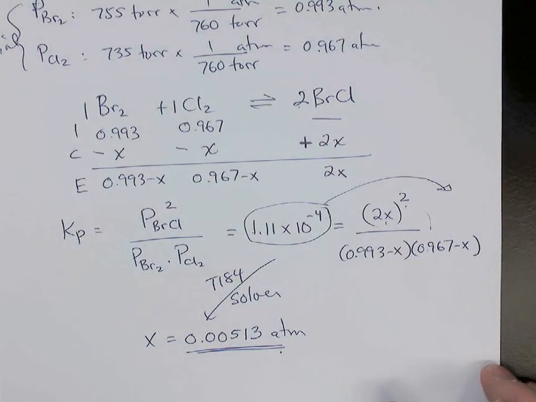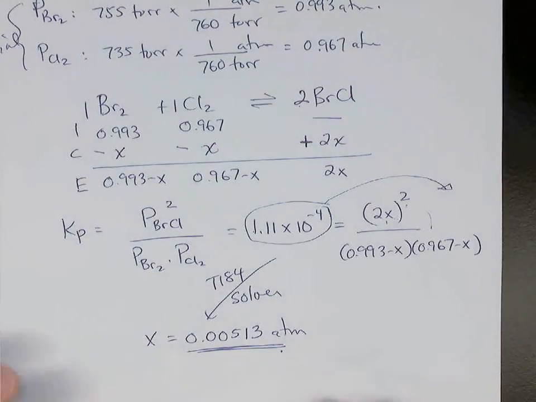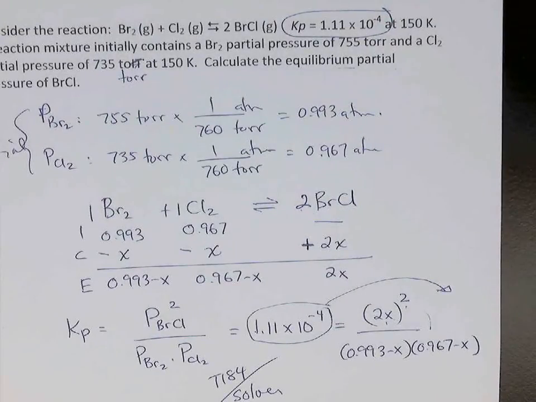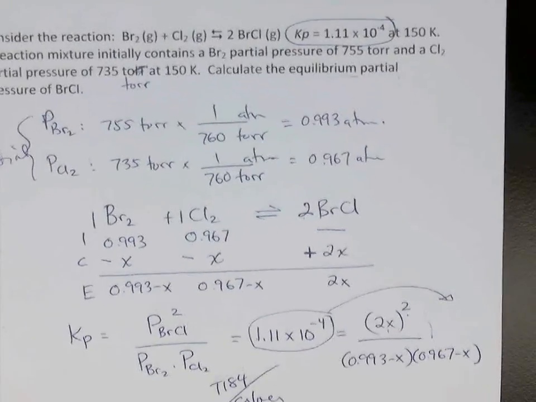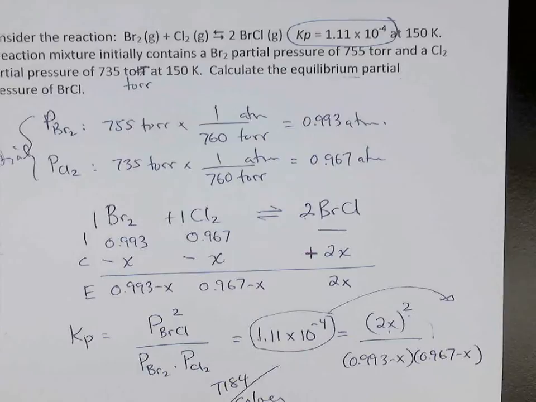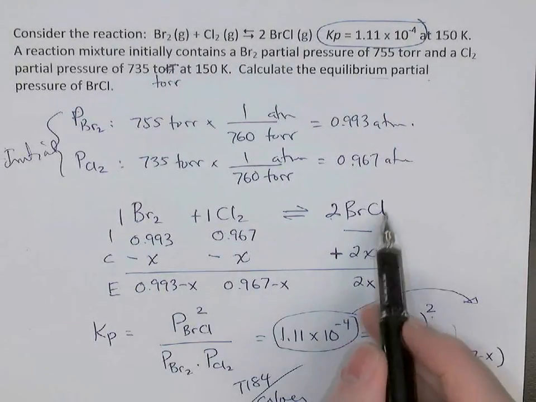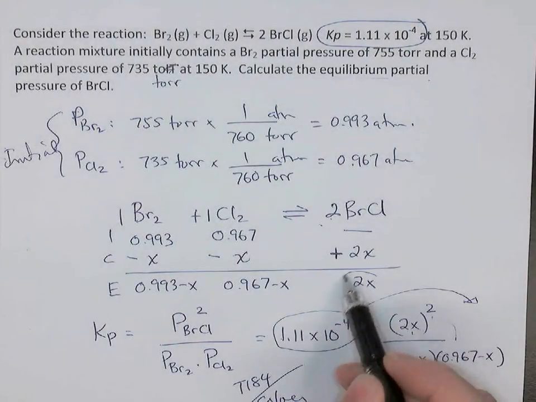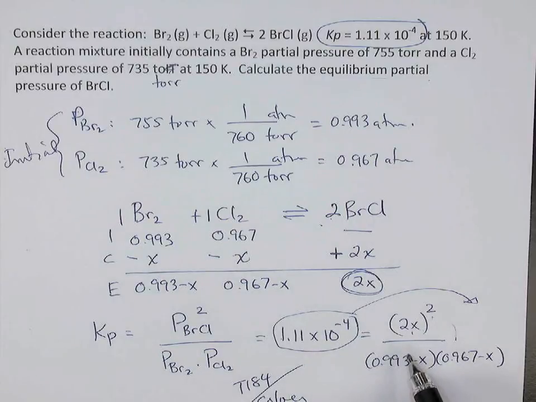Now the question said, what was the equilibrium partial pressure of the BrCl? When we look at the ice table, we find BrCl, and we notice that at equilibrium its partial pressure was not just x, it was 2x.